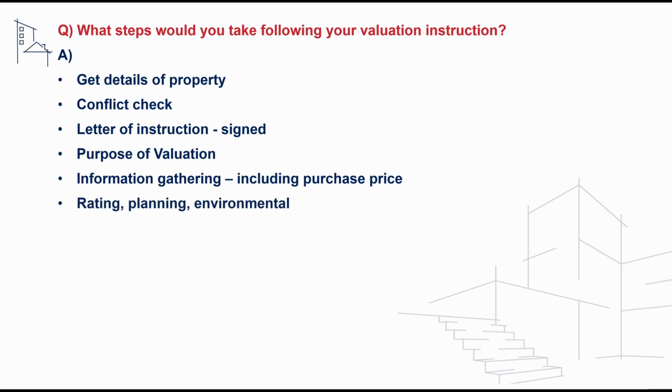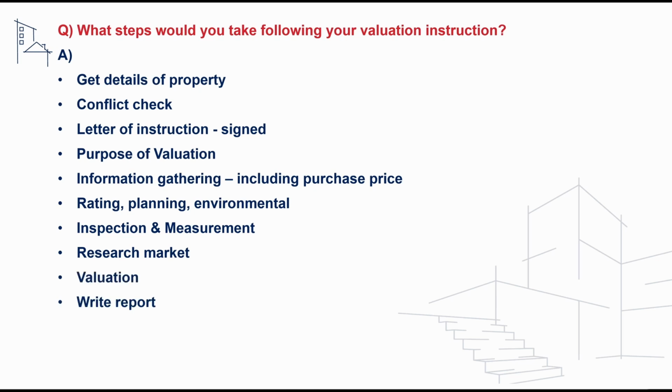We would then go about researching information on the rating, planning, and any environmental factors. Following a desktop exercise, we could then look to inspect and measure the property. We could research the market in terms of comparable valuations, and then we would commence writing a report. We would check the valuation, and finally report this to the client and then invoice the client.